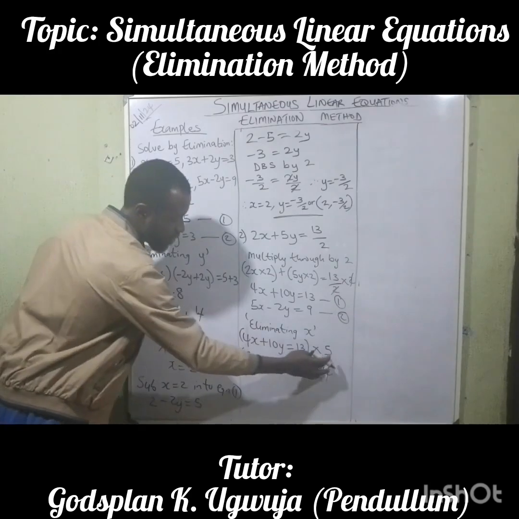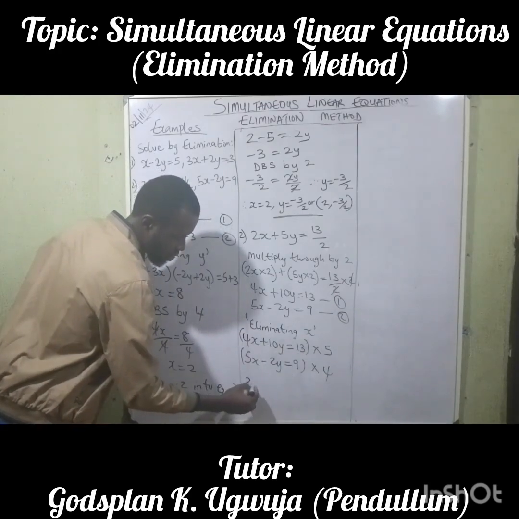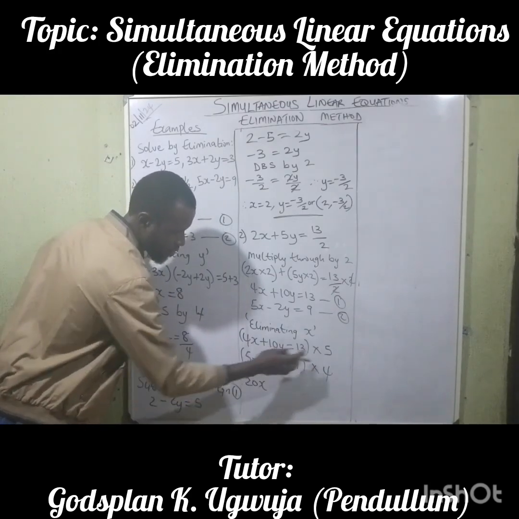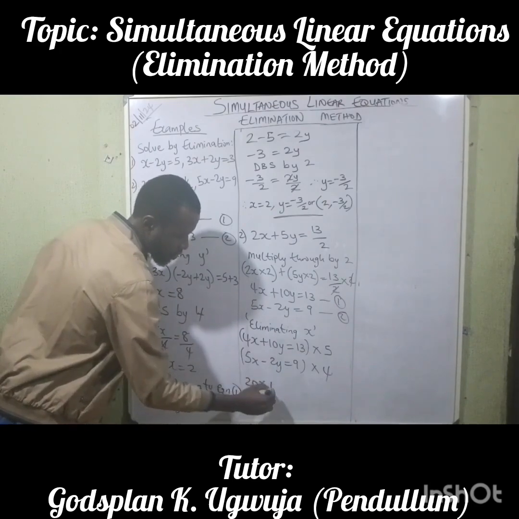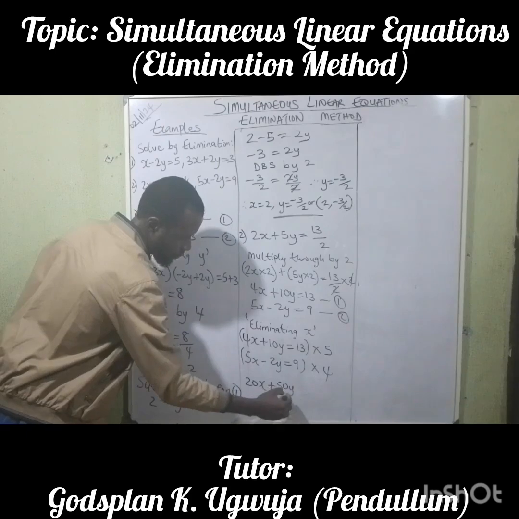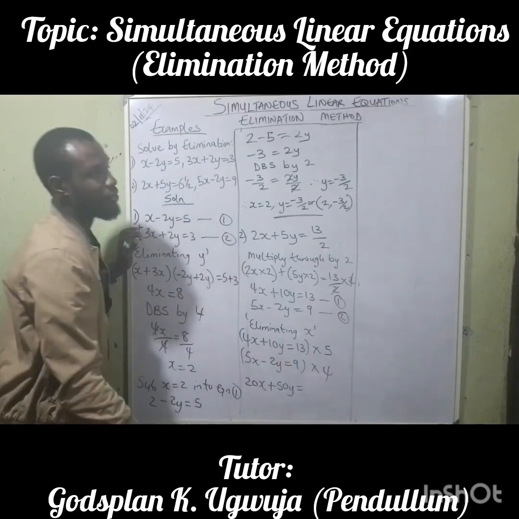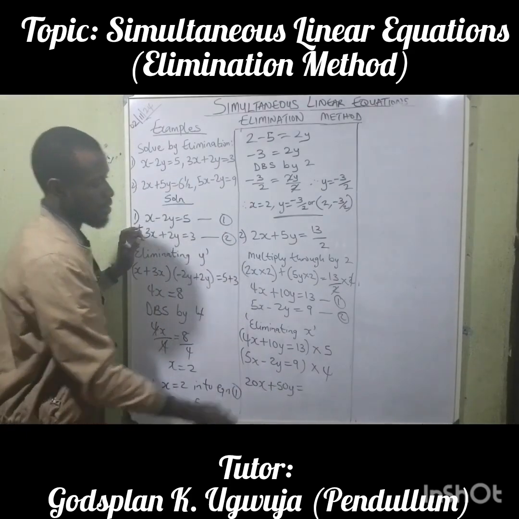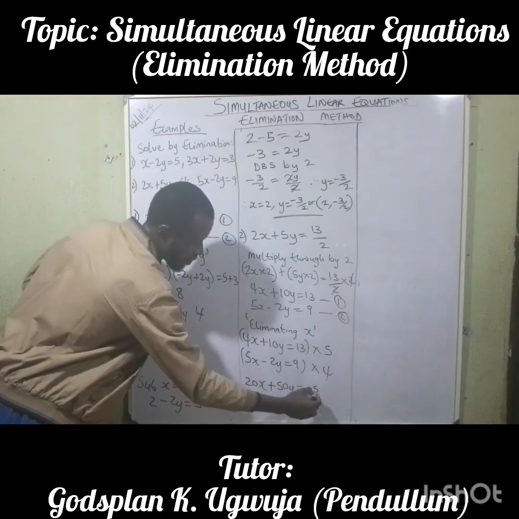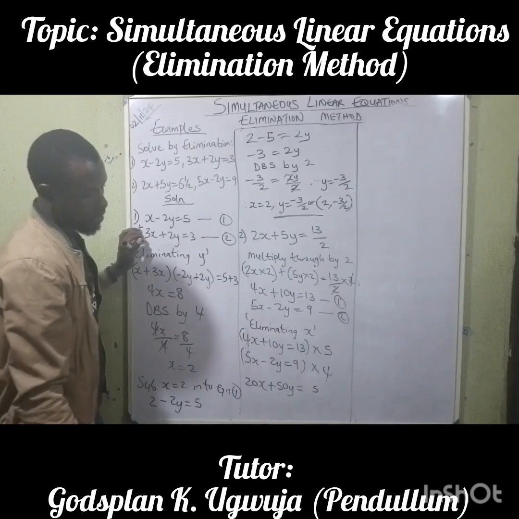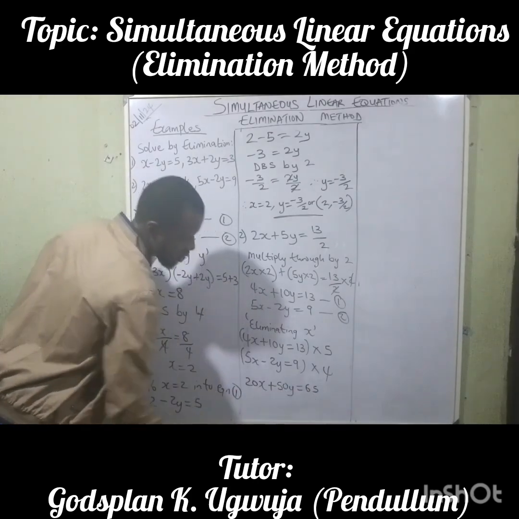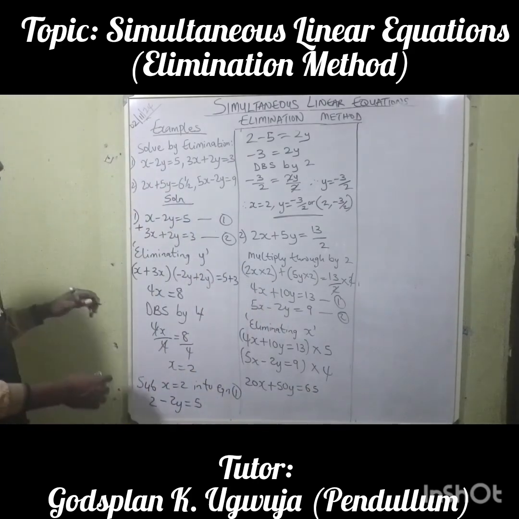Now if I multiply 5 times 4x, 20x, 5 times 10y, plus 50y, 13 times 5, 5 times 3 is 15, 5 carry 1, 5 times 1 is 5 plus 1 is 6, so that's 65.